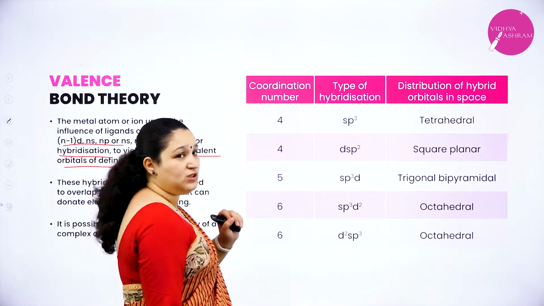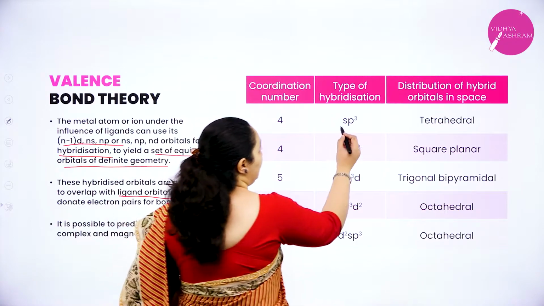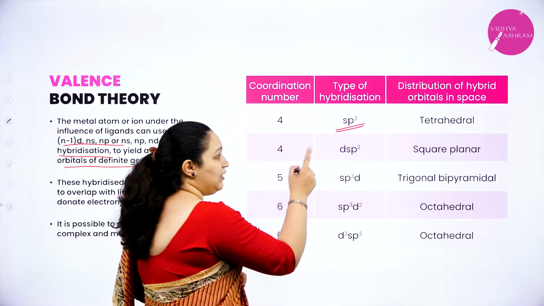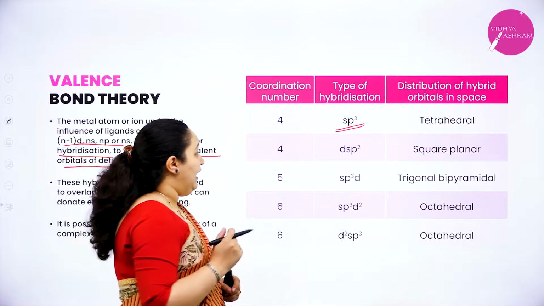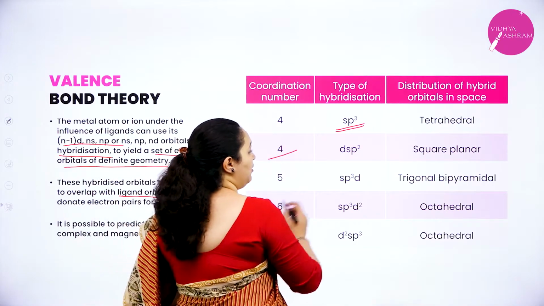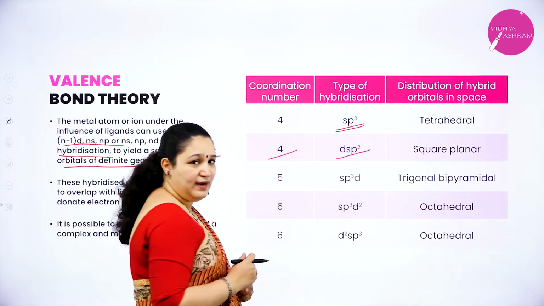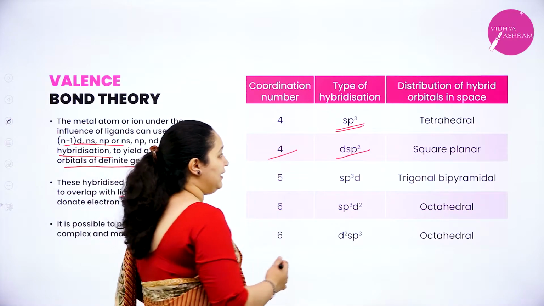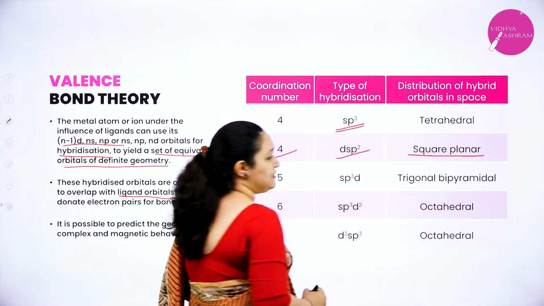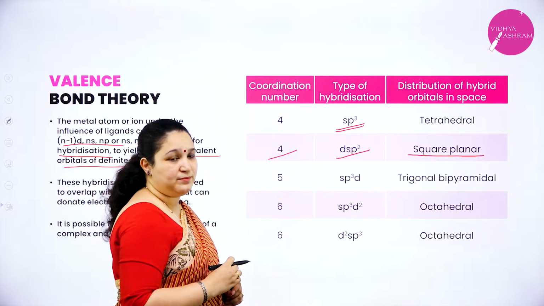If the coordination number is 4 and the hybridization is sp3, we can tell the geometry is tetrahedral. If the coordination number is 4 and the type of hybridization is dsp2 hybridization, then you can tell the geometry of the complex is square planar.